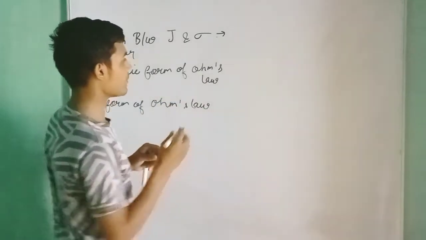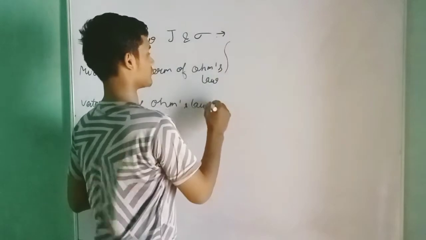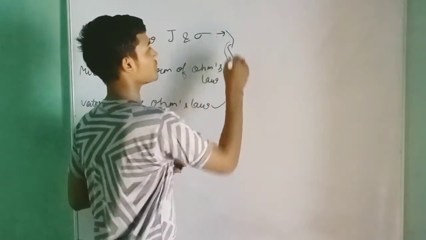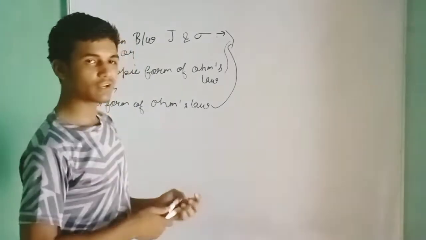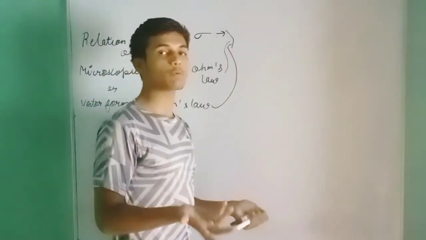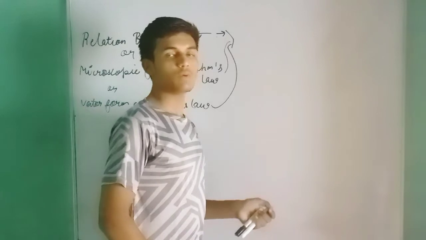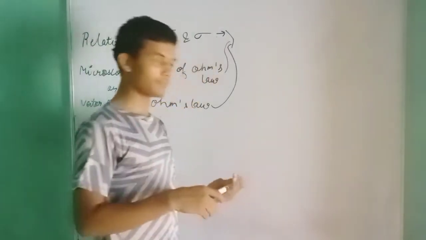So there are three names of that. The meaning of these are the same. So we will write the formula for it. You know that Ohm's law, V is equal to IR, V proportional to I. That is Ohm's law. Now we write the formula.